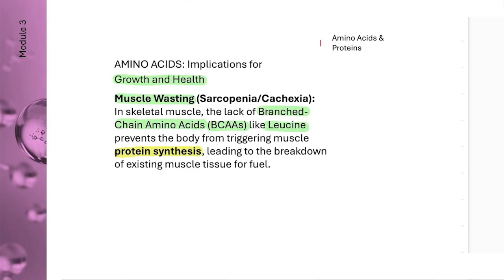And of course, if they are not available, what happens when the body is synthesizing protein? I'll try to see if I can demonstrate it. So imagine you have a sequence of protein that needs to be produced, and your body is forming those proteins. Let's say, for example, in your muscle cells or wherever.